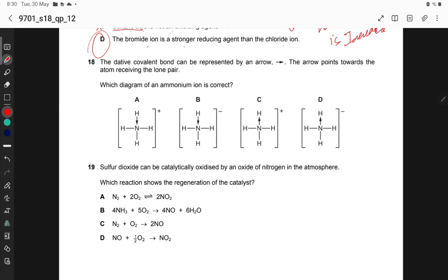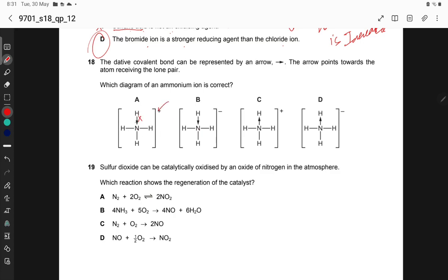So the arrow is towards the hydrogen atom, not the arrow towards the nitrogen atom. Here the arrow is directed towards the hydrogen atom which is receiving. So that's why this is incorrect.